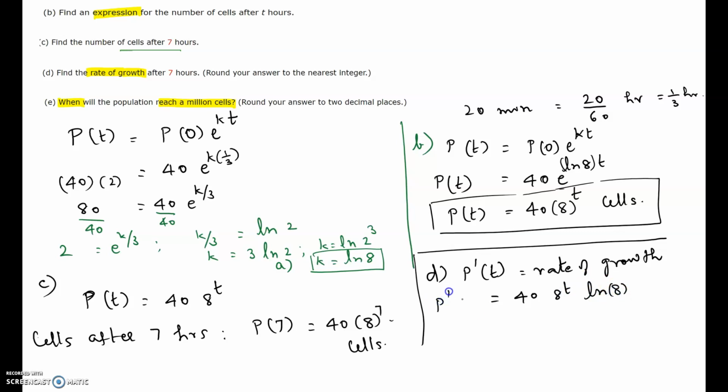That is the derivative. So it is the rate of growth after 7 hours. So t must be replaced by 7. So it is 40 times 8 to the power 7 times ln 8. That many cells per hour.